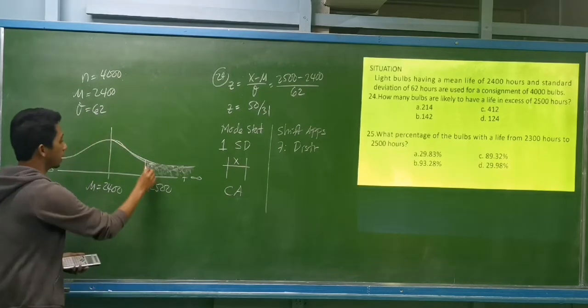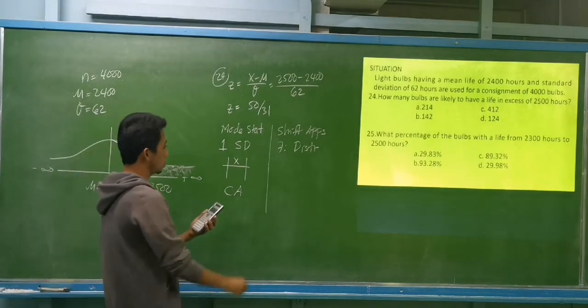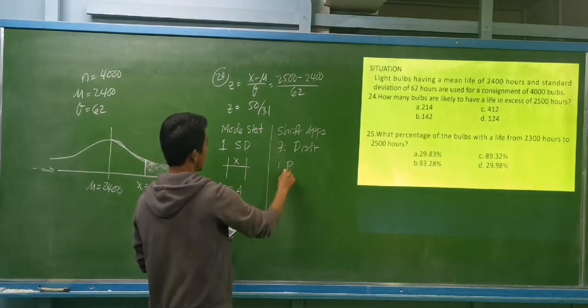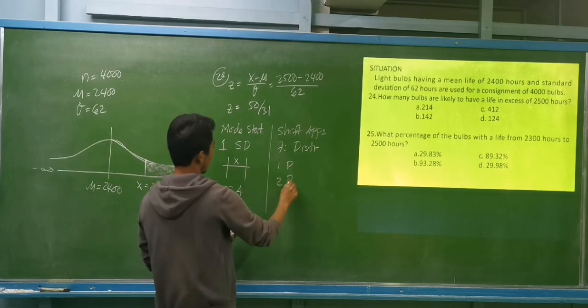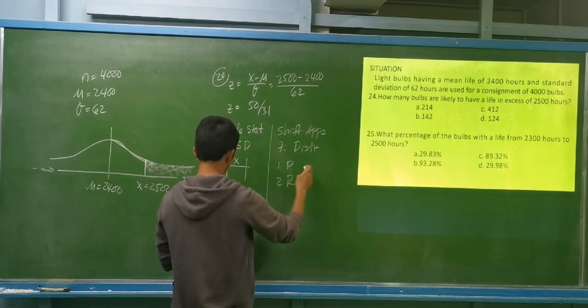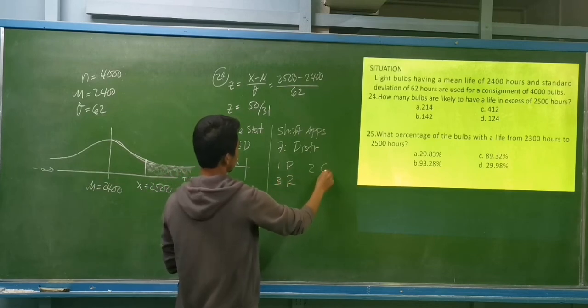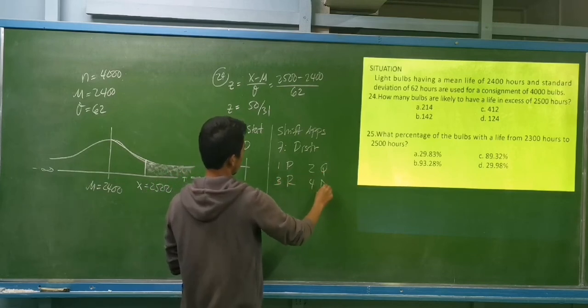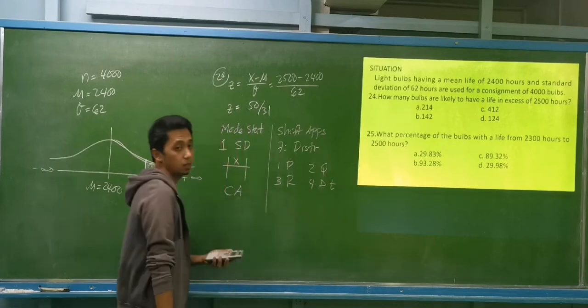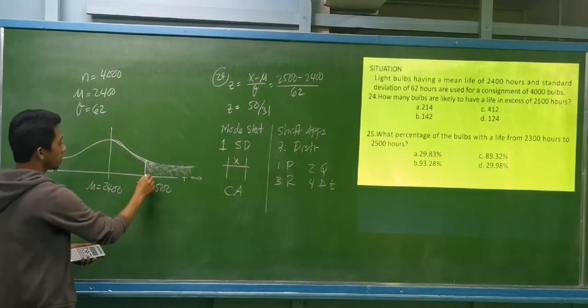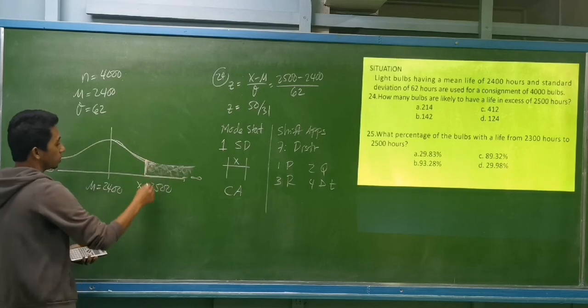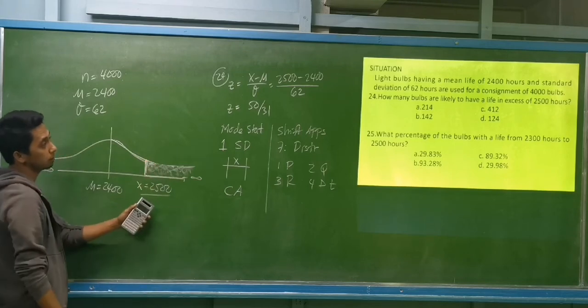So, ano naman yung gagamitin natin this time? Dun sa option na 1P, yung 2 is R, yung, I'm sorry, this is 3 pala. 3 for R, yung 2 is Q, tapos yung 4 yung arrow, tapos yung P. So, ano na yung gagamitin natin? Kung mapapansin ninyo, meron tayong reference number na 2,500.